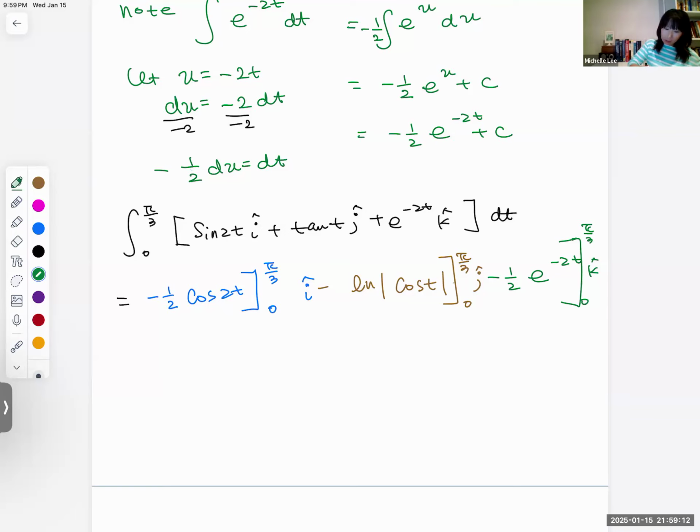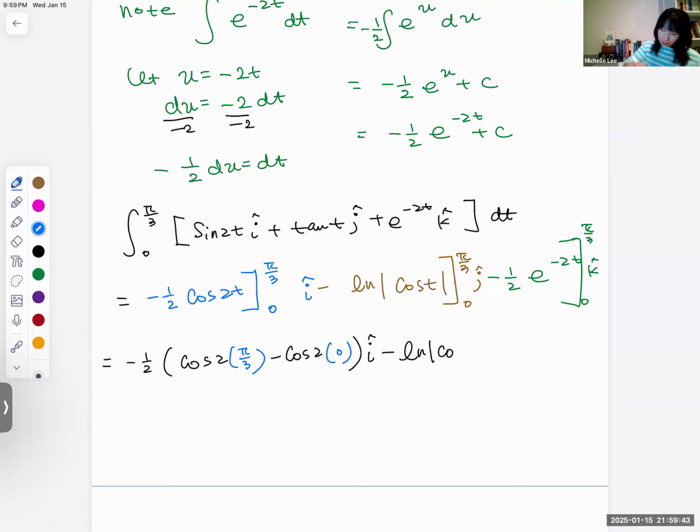All right, so negative 1 half, cosine of 2 pi over 3 minus cosine of 2 times 0, i hat, and minus ln cosine pi over 3.